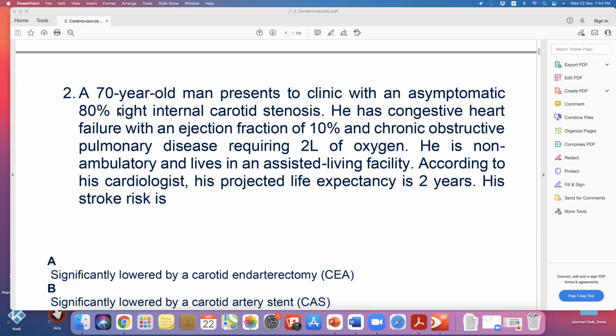Life expectancy is only 2 years. Remember the recommendations from ACAS, the Asymptomatic Carotid Atherosclerosis Study. The length of that study was 5 years.